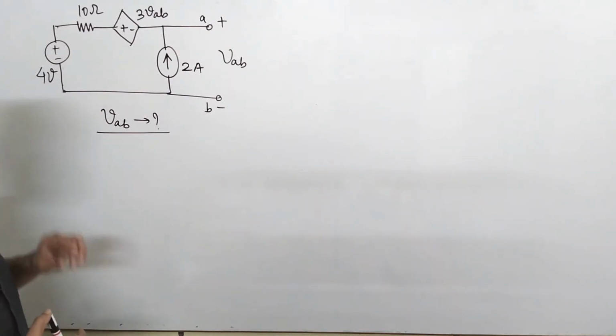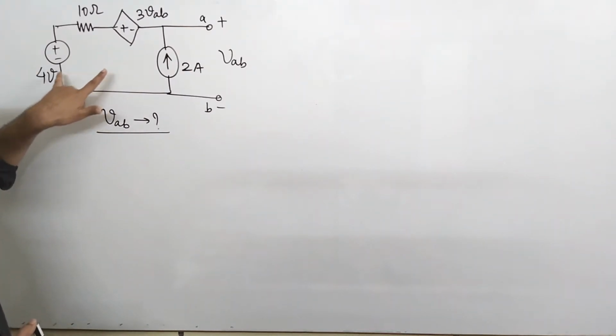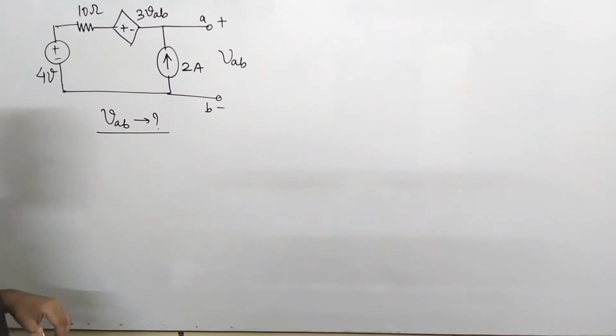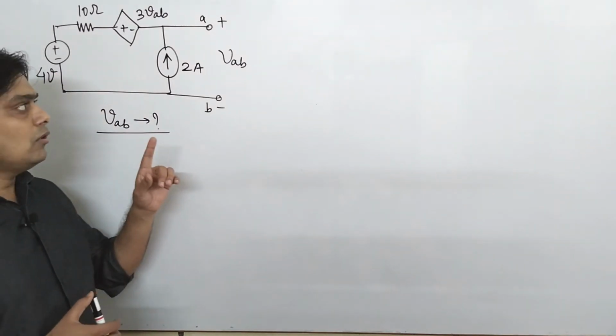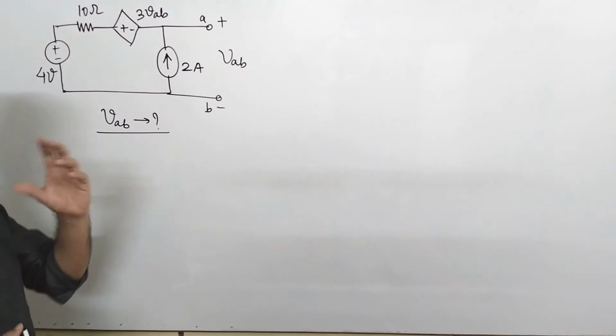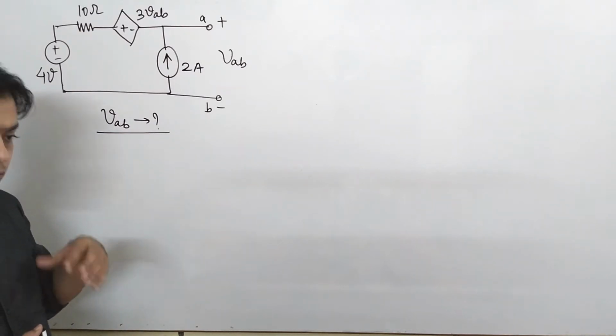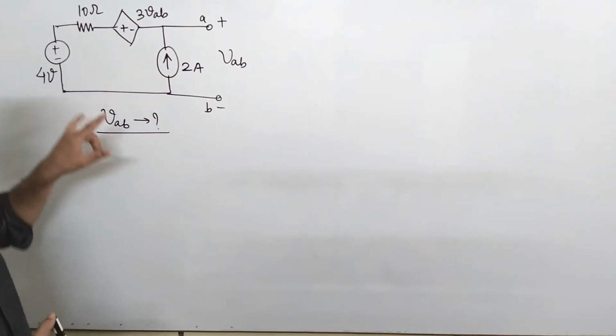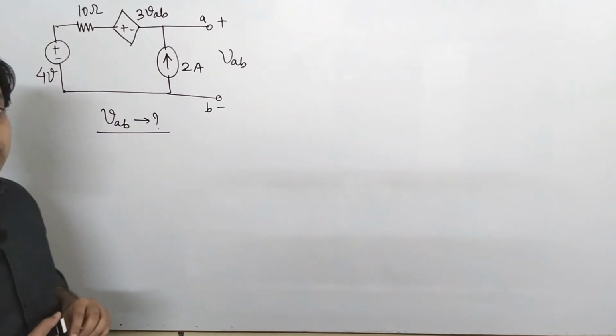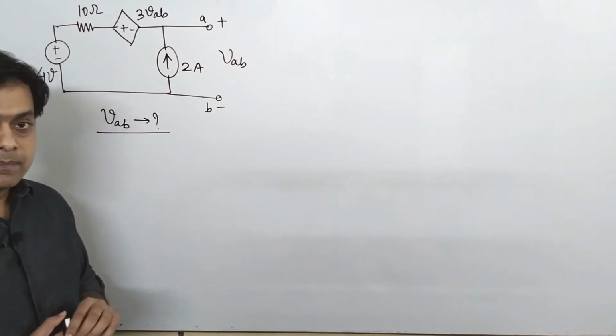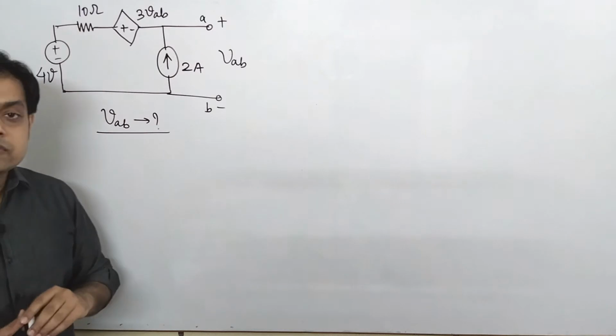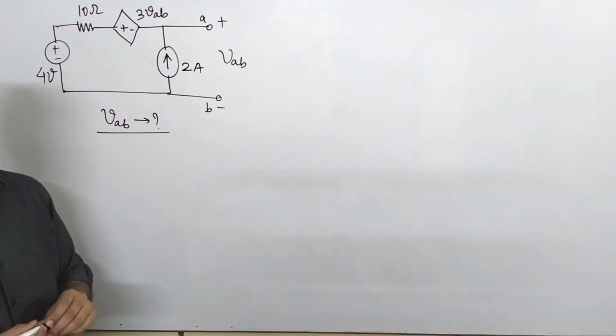As I said, whenever you are finding the value of voltage or current in a network, please focus on your independent sources. Your dependent sources will remain as they are in the network.